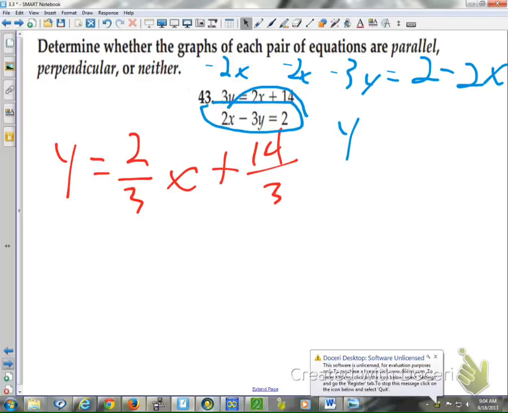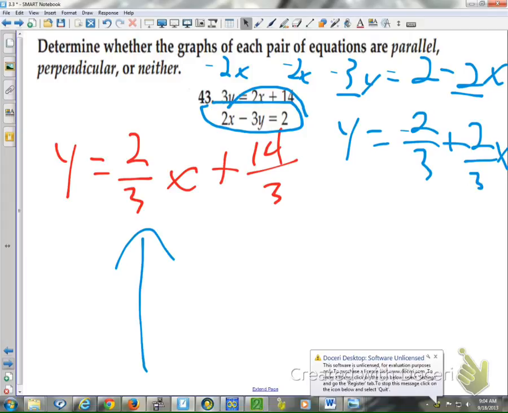So y equals negative 2 over 3, which I don't really care about. Negative 2 divided by negative 3 is what? Positive 2/3. So are my lines parallel, perpendicular, or neither? They are parallel because this one is 2/3 and this one is 2/3. Did you divide by 3? Or negative 3. Negative 3.